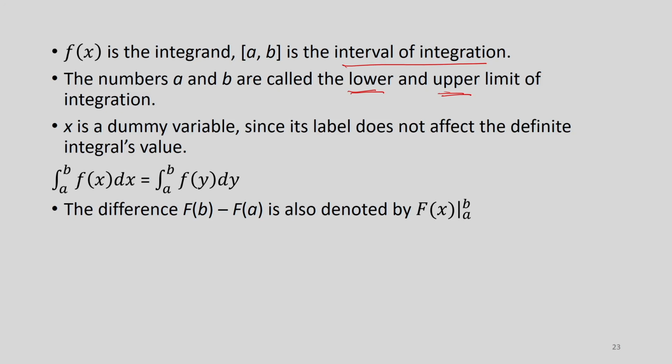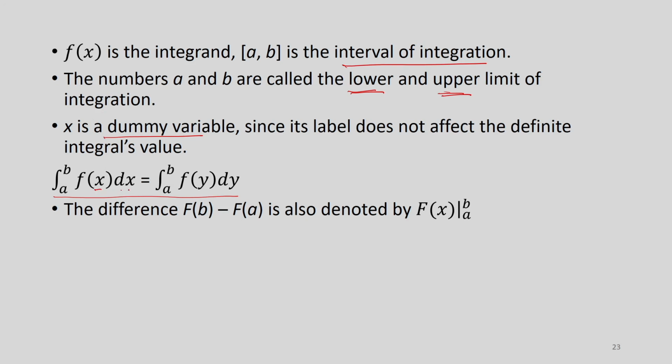Small x is a dummy variable here, since its label does not affect the definite integral's value. It is just a placeholder, it does not really matter what variable you use, the value of the definite integral remains the same. To make it clear, I have written this: integration of a to b f x dx is the same as integration of a to b f y dy.